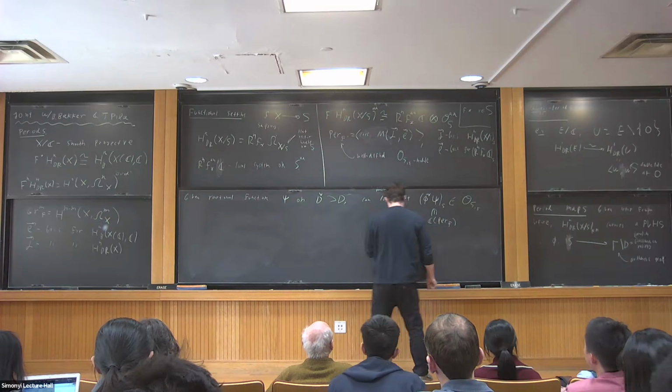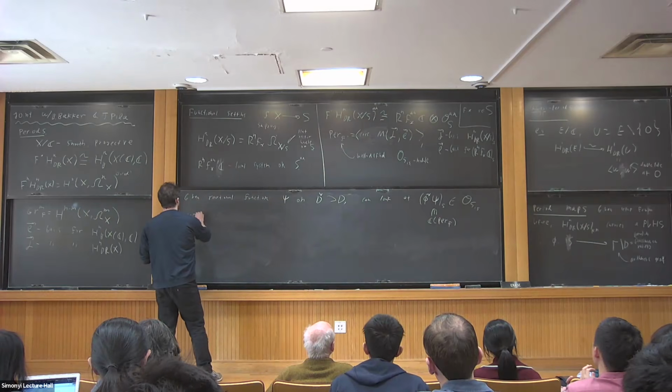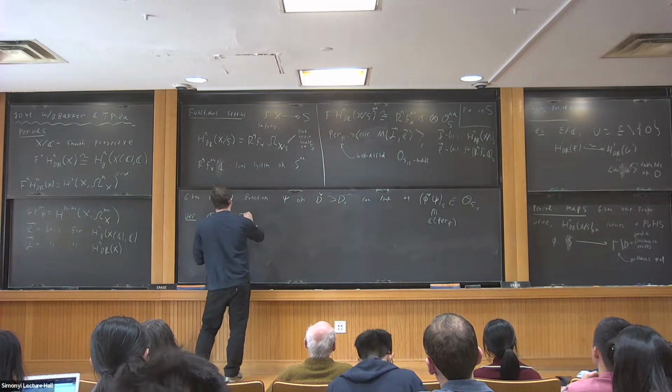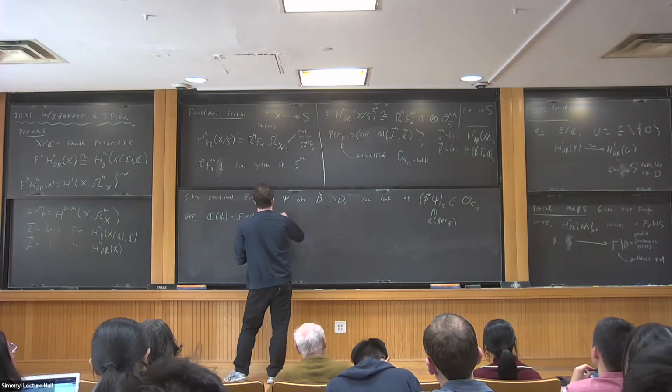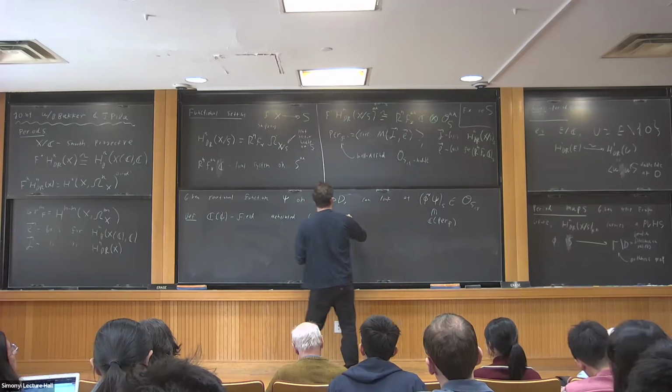Okay? And so now what we can do is define C of phi to be the field generated by all these functions.